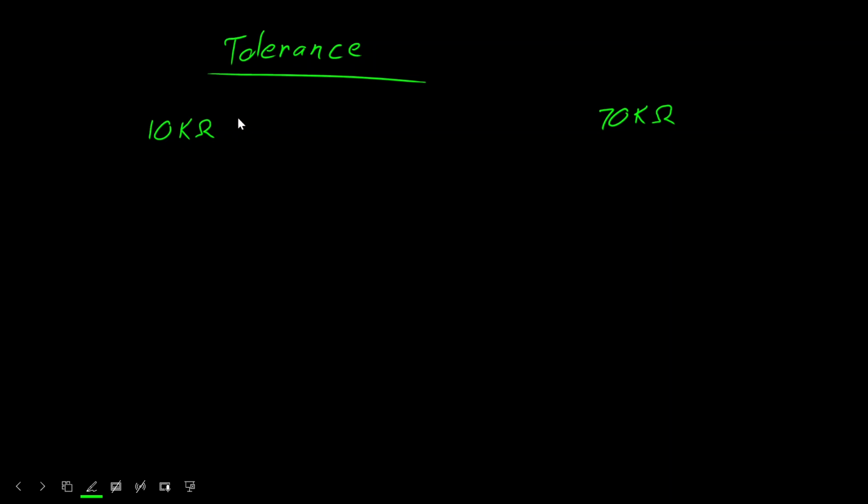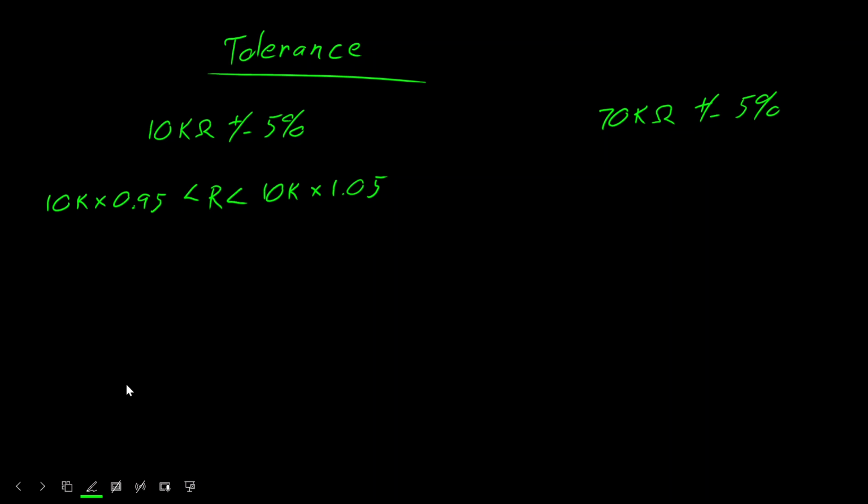If we assumed 5% tolerance, we would say that it's a 10K ohm resistor plus and minus 5%, and a 70K resistor plus or minus 5%, which means that this resistor can take on values from 10K multiplied by 0.95 to 10K multiplied by 1.05. Whereas on the other side, we get 70K multiplied by 0.95 is less than R is less than 70K multiplied by 1.05.